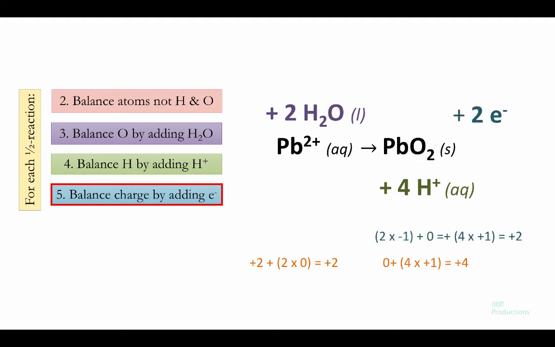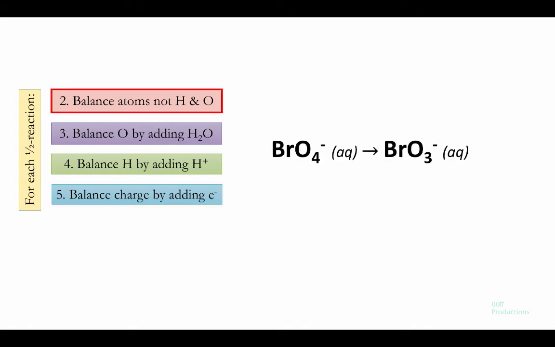Double check the math. Now we have 2 electrons with a -1 charge, 1 neutral lead oxide, and 4 +1 charged hydrogens. That gives us a +2 charge. We still have a +2 charge on the left, so now we're good. There's our first half reaction.